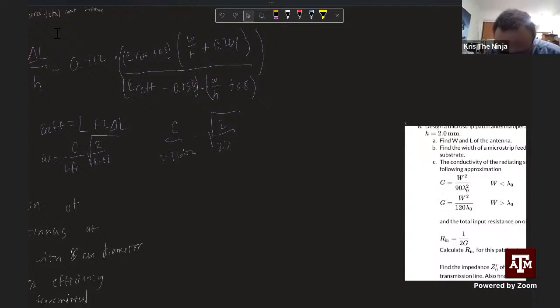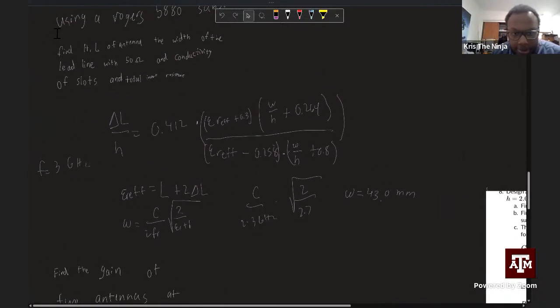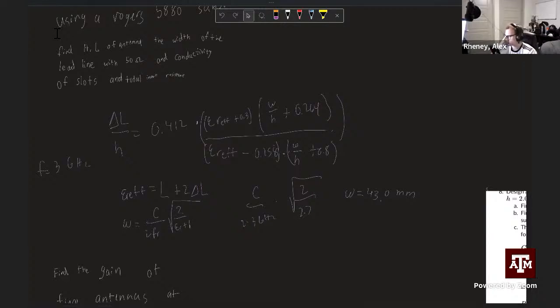So then we're given height. So now we can solve for delta L using the top equation, plugging everything in, right? Wait, no, we need, we could solve for it as long as we have H already.